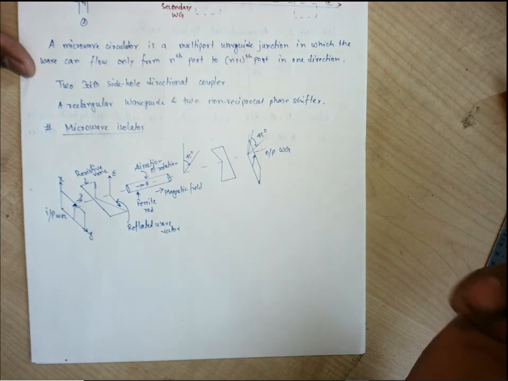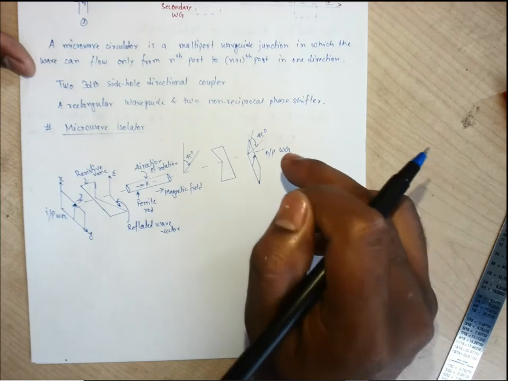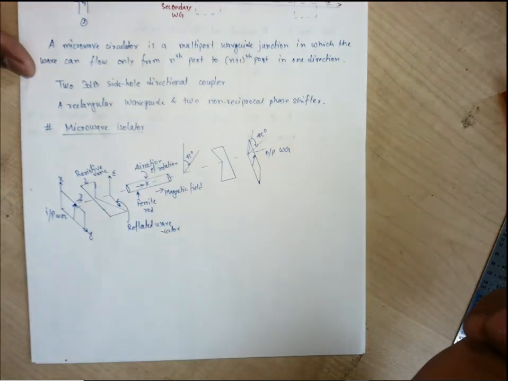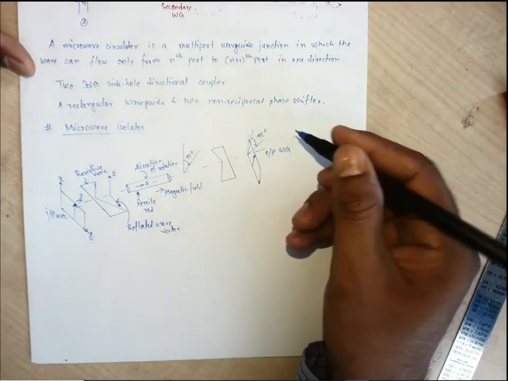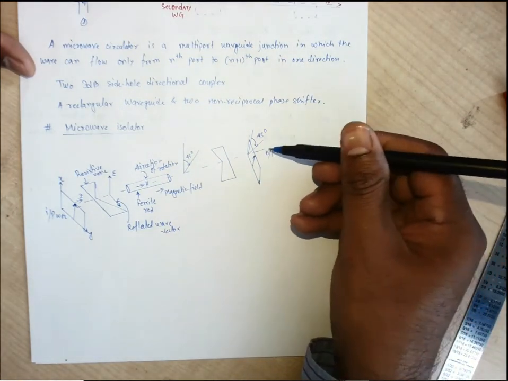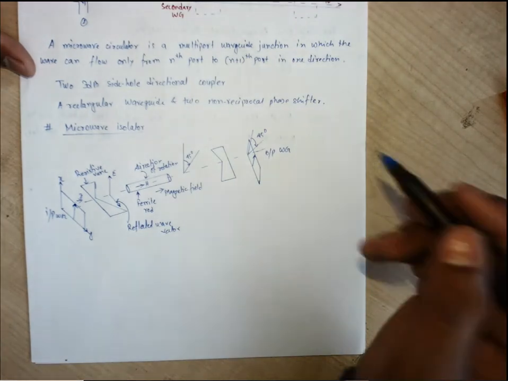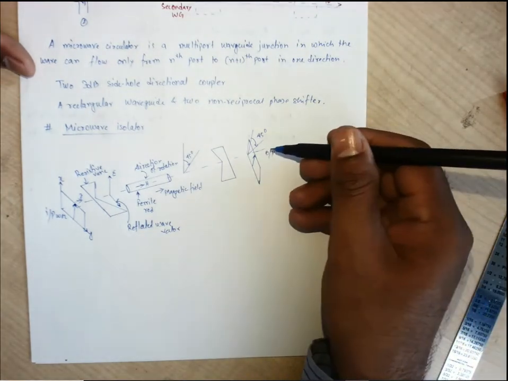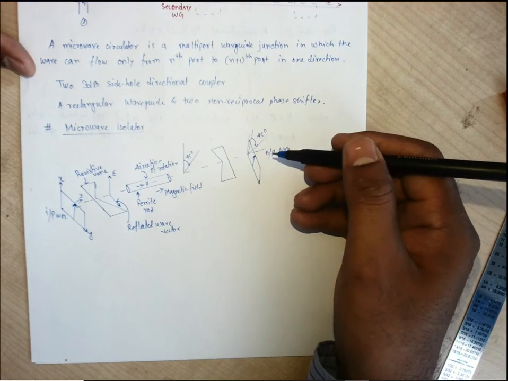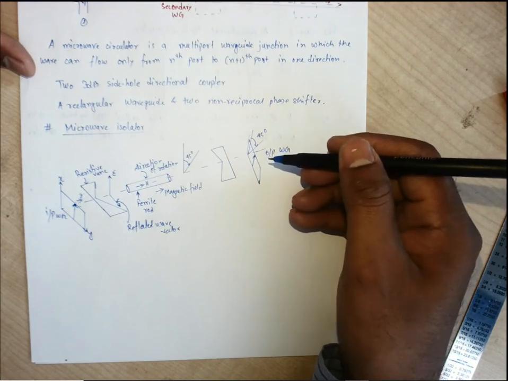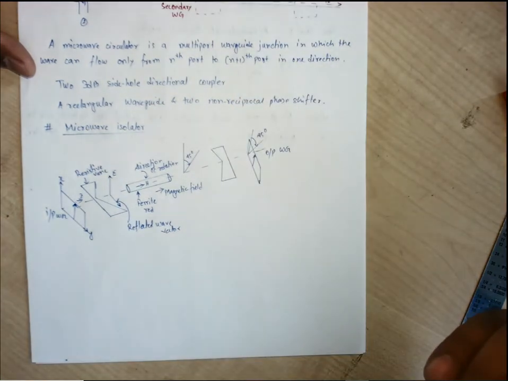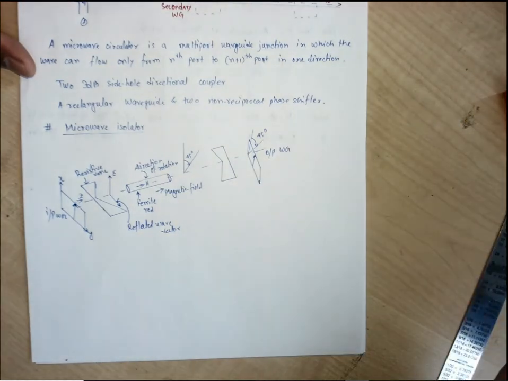Now if some reflected wave exists here, what will happen? The wave should start propagating from the right hand side. If it has a certain rotation, first of all it will be tilted by 45 degrees here itself.